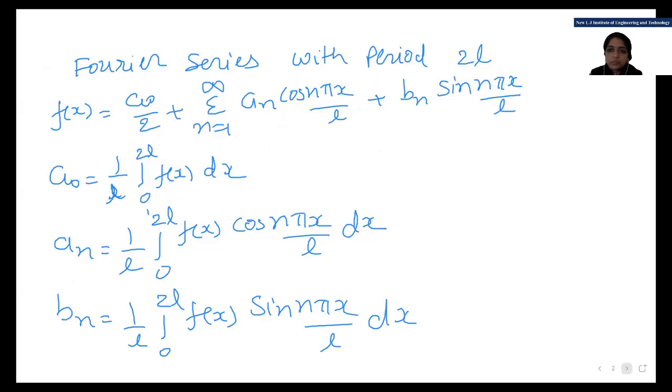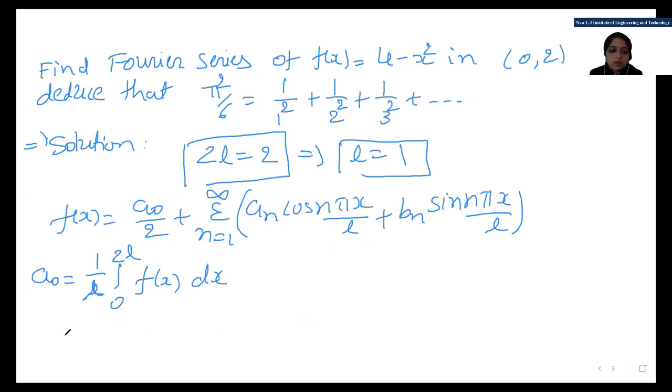So what is our L? As you know, L is 1. So 1 by 1 is 1, so no need to write it here. 0 to 2L is 0 to 2, which is our given limits. f of x is 4 minus x square, dx.